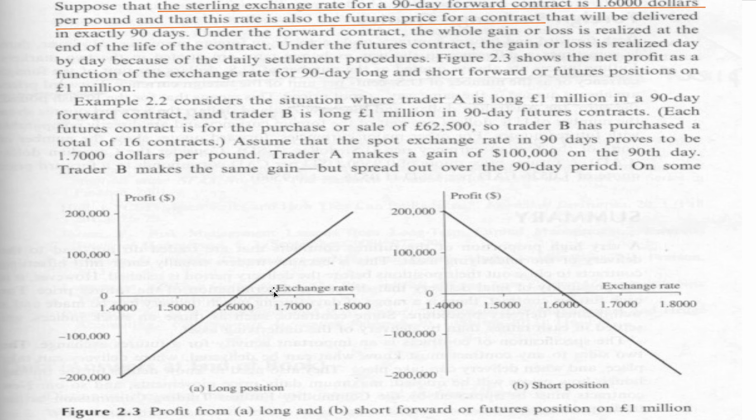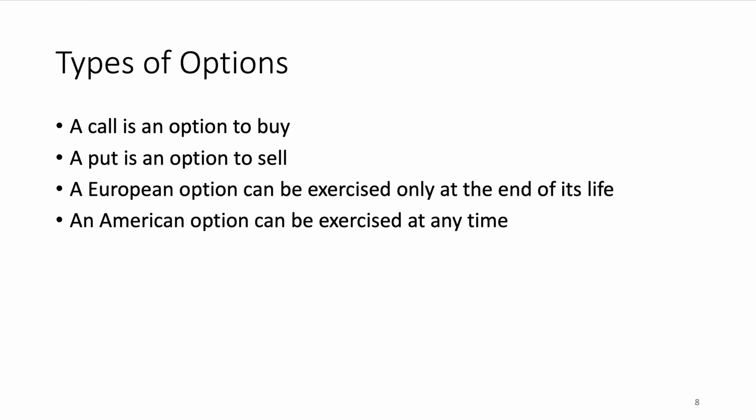You are thinking the British pound will go up, so you take a long position. In what situation will you take a short position in a forward or futures contract? If you think the price will go down, because the motivation is always profit here, isn't it? Right?